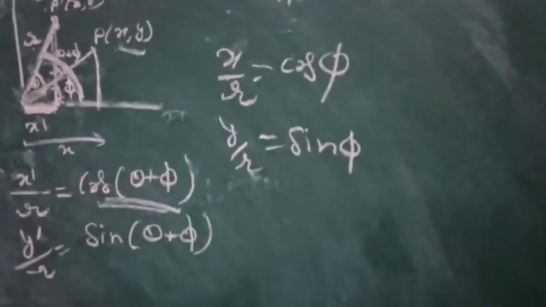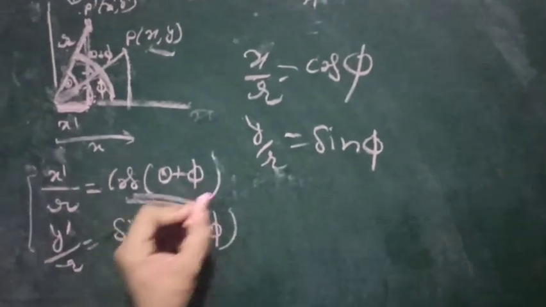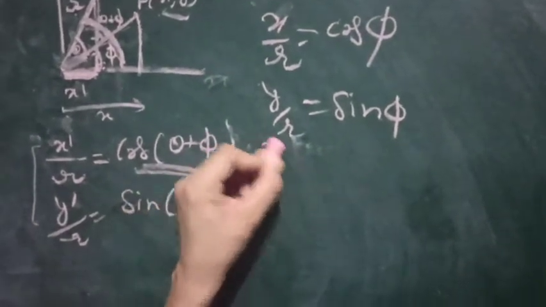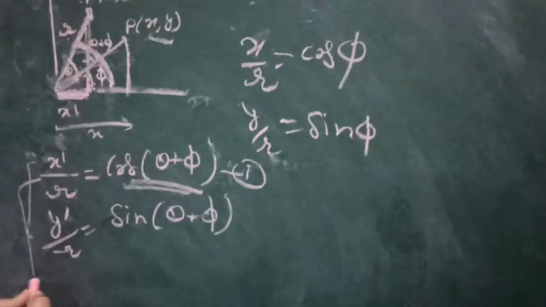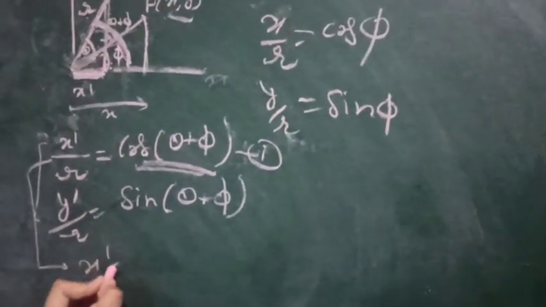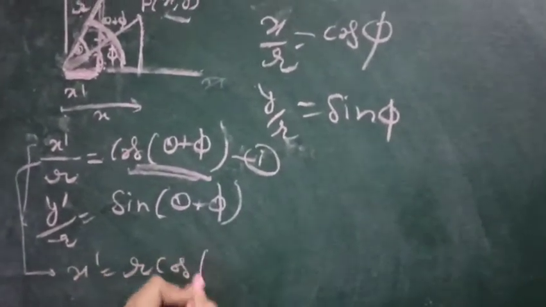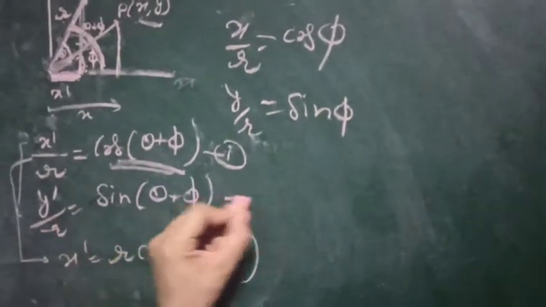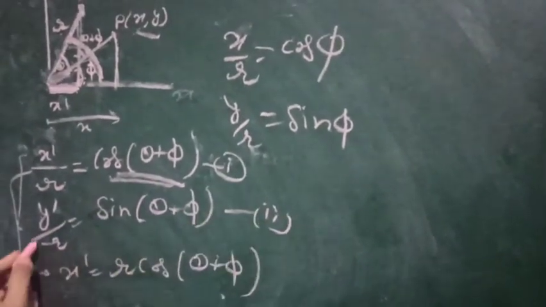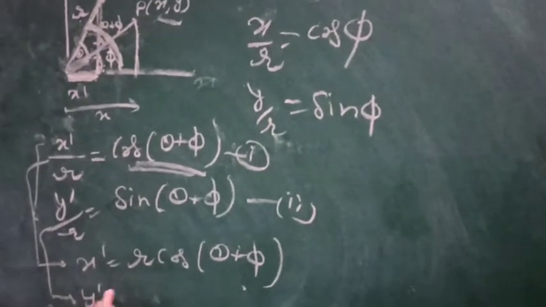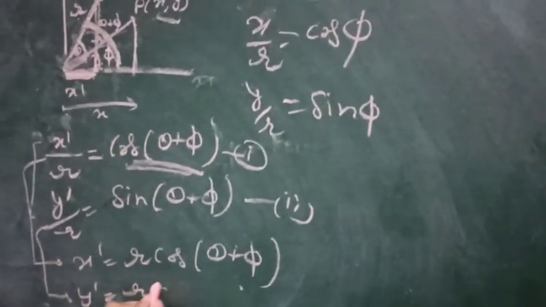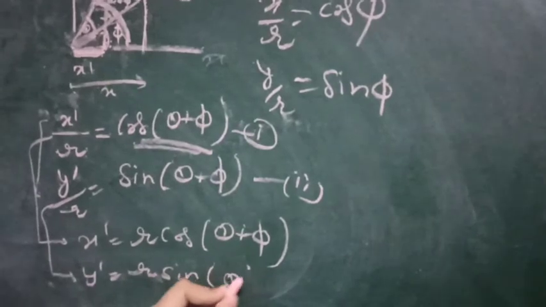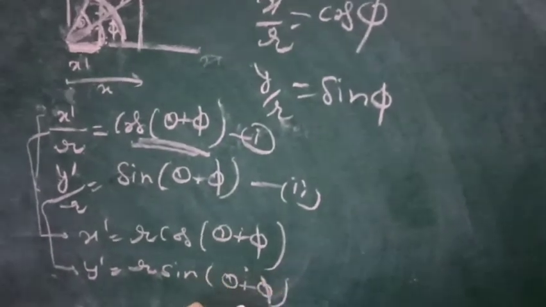Now let's solve these equations. From equation 1 we get x dash equal to r cos theta plus phi. From equation 2 we get y dash equal to r sin theta plus phi.